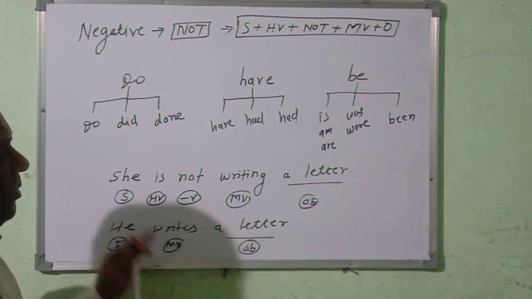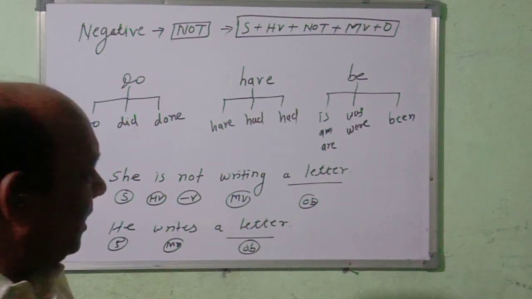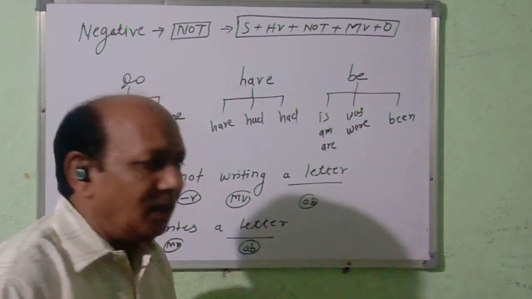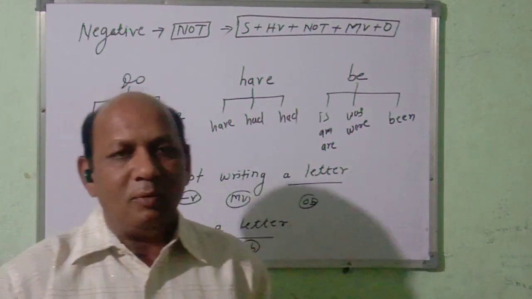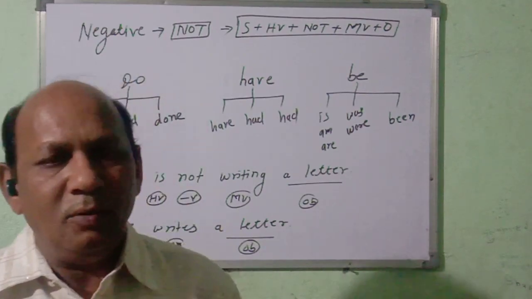The helping verb and "not" are not mentioned. Which helping verb do we have to use for creating the negative sentence?